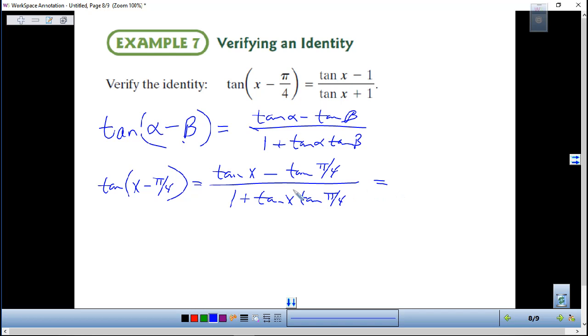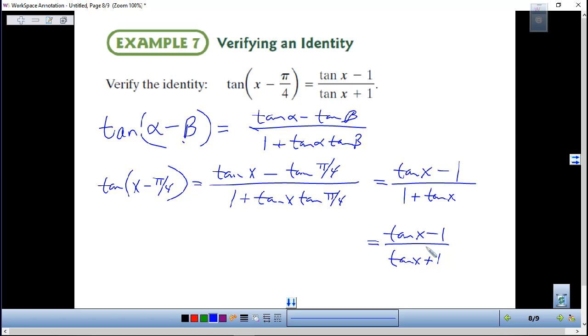Tangent x is just tangent x. Remember, pi over 4 is where sine and cosine are both the same thing. Anything over itself is going to be 1. We get tangent x minus 1, and 1 plus tangent x times tangent pi over 4. Once again, tangent pi over 4 is 1, so we get tangent x. And if we rearrange the bottom, we're going to get tan x minus 1 over tangent x plus 1.